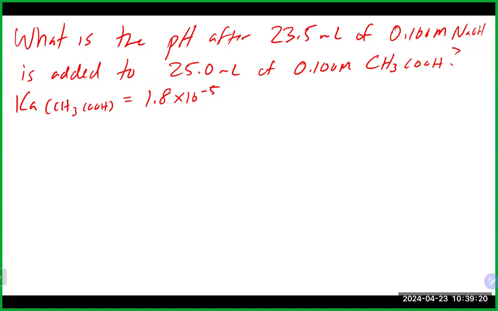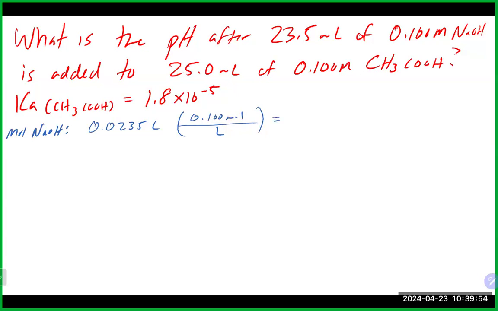All right, let's take a look, see how we're doing. So obviously we're doing the titration we've been looking at, adding our sodium hydroxide to our acetic acid. So obviously we know we're in a titration, so we do need moles. We're just going to start with that. So our moles of sodium hydroxide here, again converting our volume into liters, will give us 0.0235 liters times our molarity, 0.1 moles per liter for our sodium hydroxide.